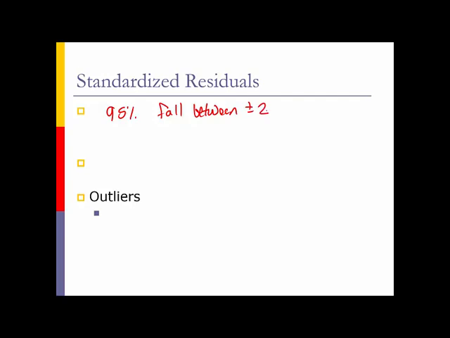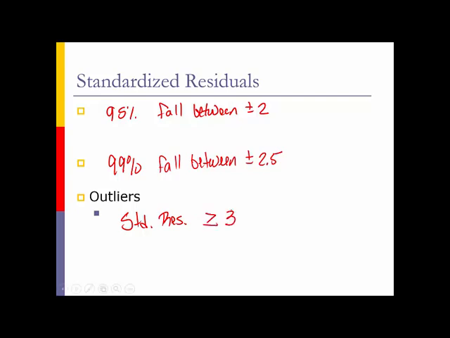Remember, we go back to our z-score, and that's kind of similar to that, within 2 standard deviations of the mean. And we also want 99% to fall between positive and negative 2.5. So an outlier is going to be any case where the absolute value of our standardized residual is greater than or equal to 3.